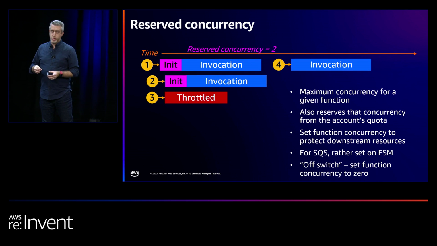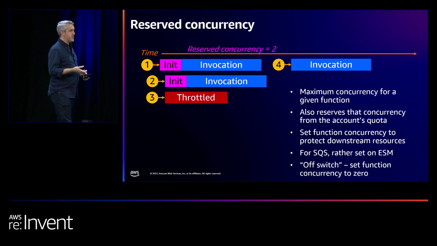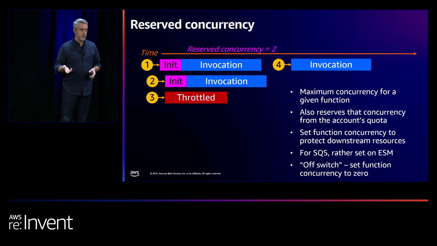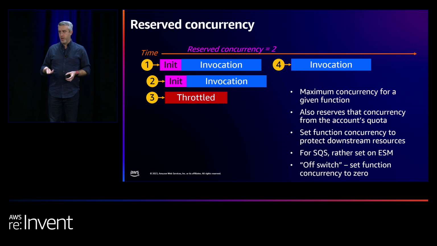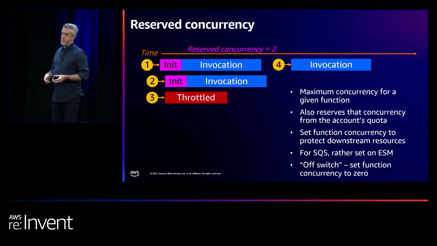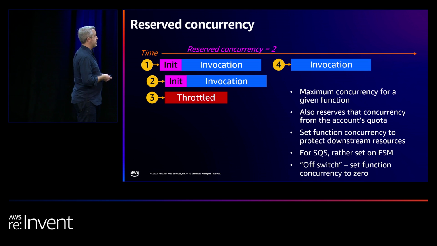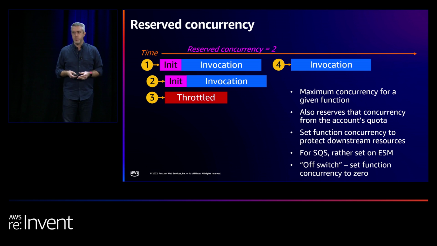We have a concept called reserved concurrency. This allows me to set a threshold of how much concurrency I want to allow a function to have. And again, this can give me the ability to protect downstream services without having to worry about overwhelming them or causing errors down to that other service that I might be talking to. And there's a bunch of cool things you could do with treating it like an off switch in case of times where you've got downstream issues or impacts.